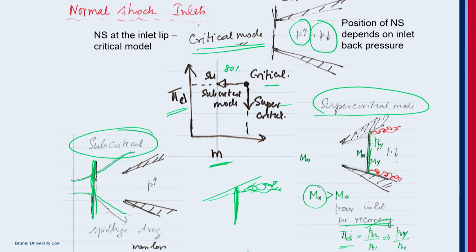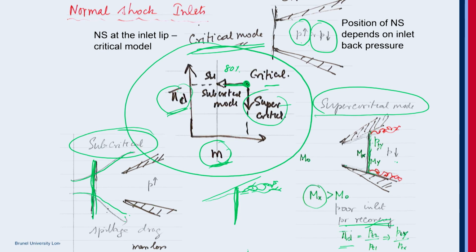So under subcritical mode, your pressure recovery is not bad, but you lose mass. Under supercritical mode, the pressure recovery is low, but you will not lose much of the mass. So this is the critical mode of operation. Is that clear for all of you? So this is the performance map of these normal shock inlets.